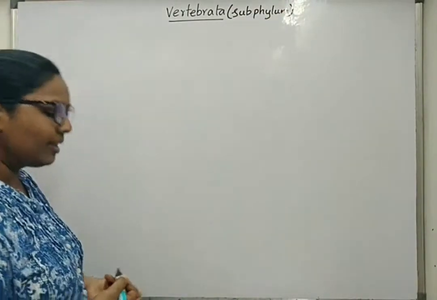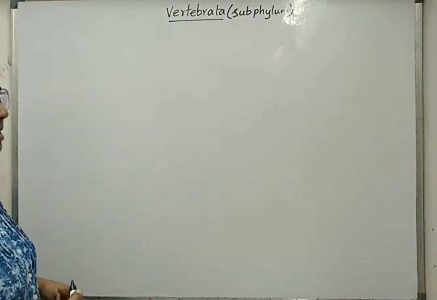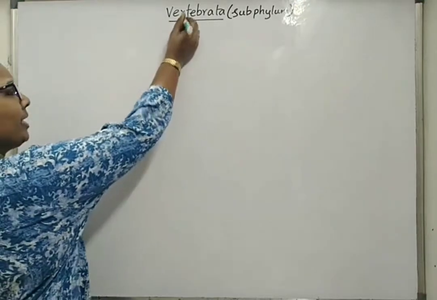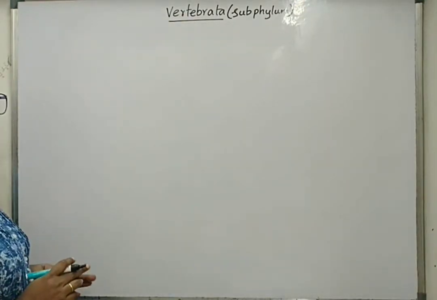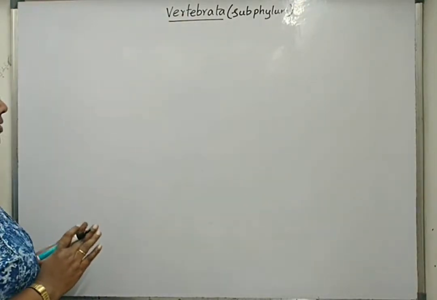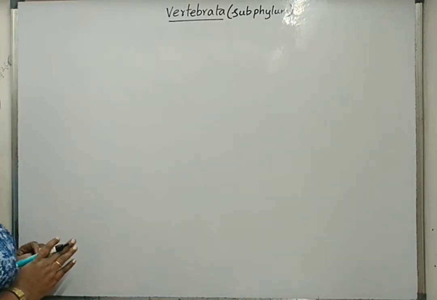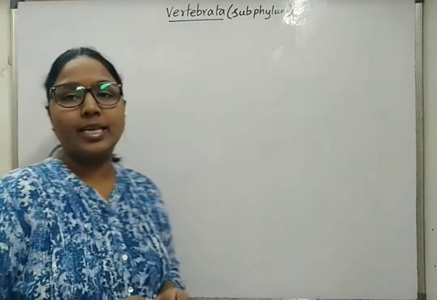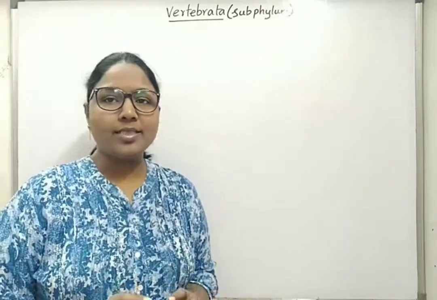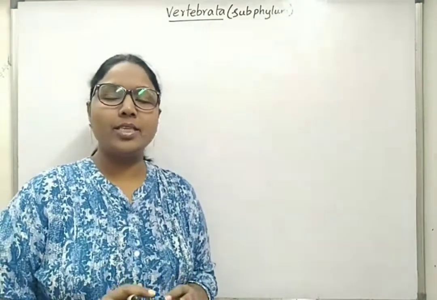We have already seen the classification chart of chordates, and under that, Vertebrata is divided into two different groups: first is Agnatha and the second is Gnathostomata. Under Agnatha, the examples are jawless organisms or jawless chordates.